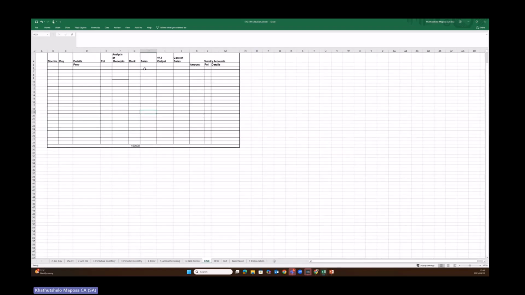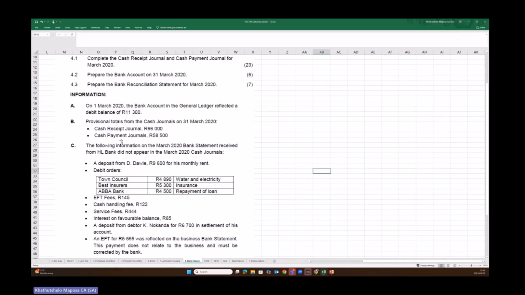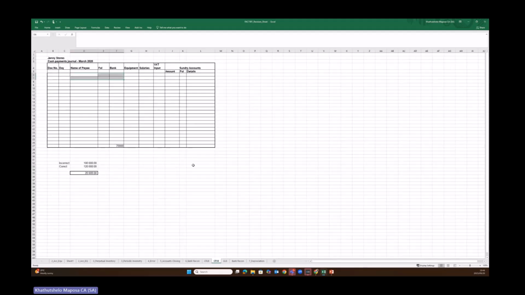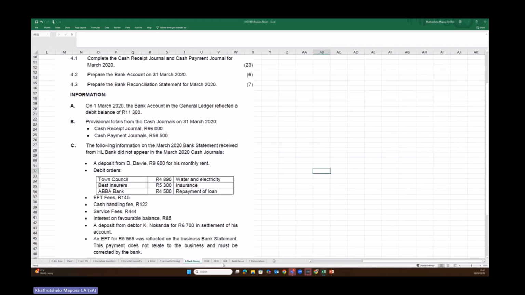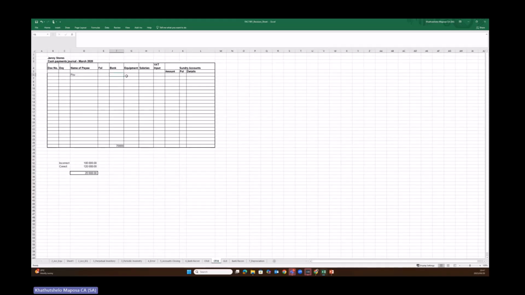What it means is that here on the bank account, we will have something called provisional total and an amount of 66,000. And when they say the provisional total on the cash payment journal is 58,500, it means on the bank account you will have that amount of 58,500.